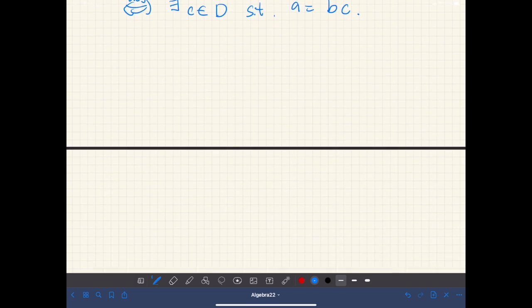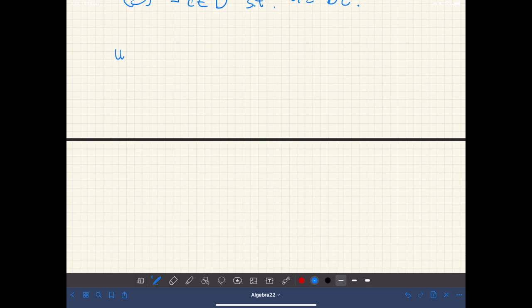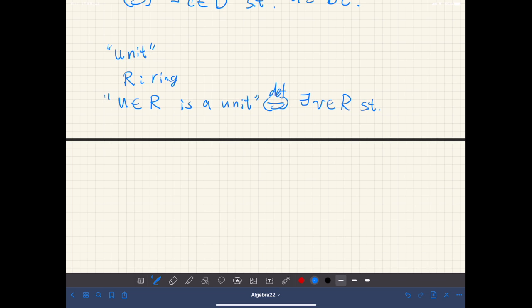Next, let's review the notion of a unit. We have been using this notion repeatedly already. Let's say R is a ring. We say U, an element of R, is a unit. What this means is the following: there exists another element V in this ring such that UV is equal to VU is equal to 1.